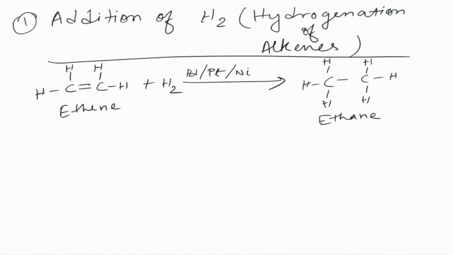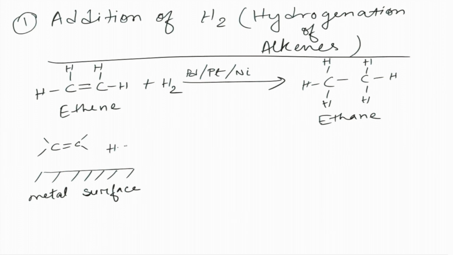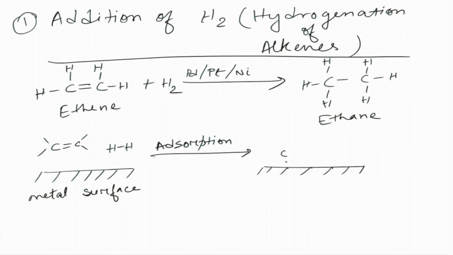So, what is the mechanism? We had studied the mechanism earlier also when we were studying the preparation of alkanes. If this is the metal surface, and these are the molecules, this is the alkene and this is hydrogen. In the first step, adsorption occurs. So, these molecules get adsorbed on the metal surface.